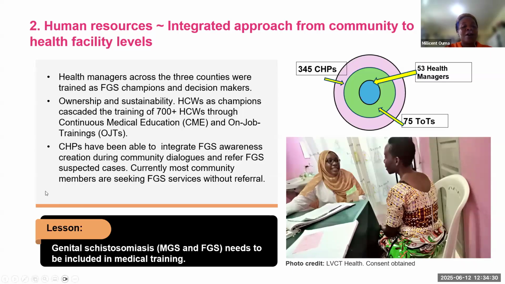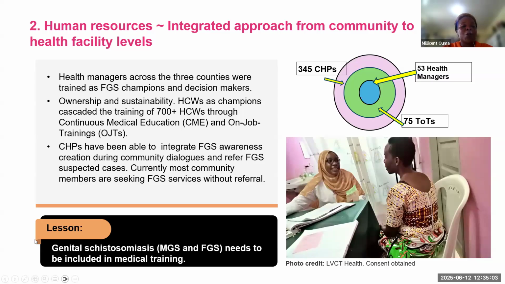So they usually have CMEs, that is continuous medical education, and also on-job trainings where they take their colleagues through FGS screening, diagnosis, and management. For the CHPs, we managed to reach a total of 345 across the 3 counties. So these CHPs have been able to sensitize the community or create awareness to the communities where they're coming from.